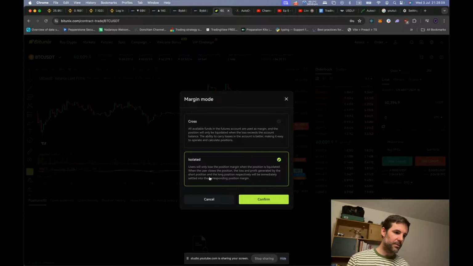Isolated is where users will only lose the position margin when the position is liquidated. When the user closes the position, the loss or profit generated by the short position and the long position, respectively, will be immediately settled into the corresponding position margin.